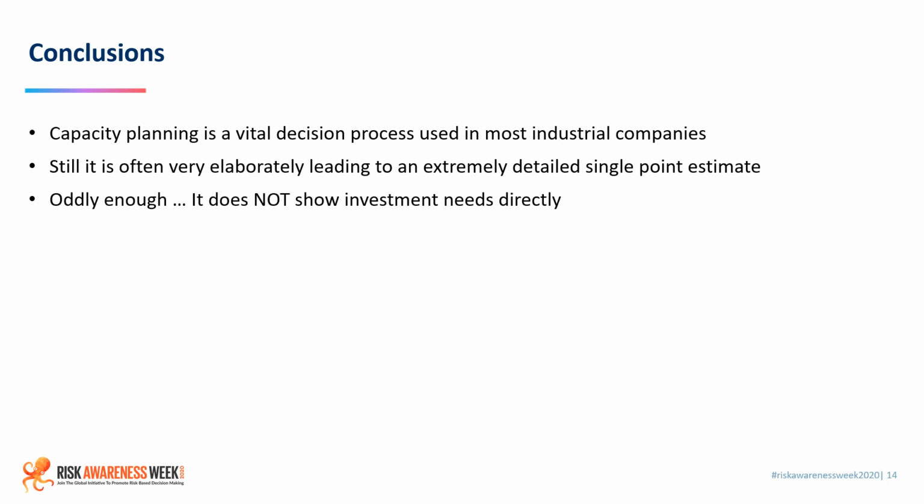And as risk managers, you know single point estimates are not valid. They will never materialize. And oddly enough, even the most elaborate capacity planning system does not tell you when to invest and when to divest. Not directly anyway. You have to use your experience and your insights and your mental capacity to figure out what we're going to do afterwards.